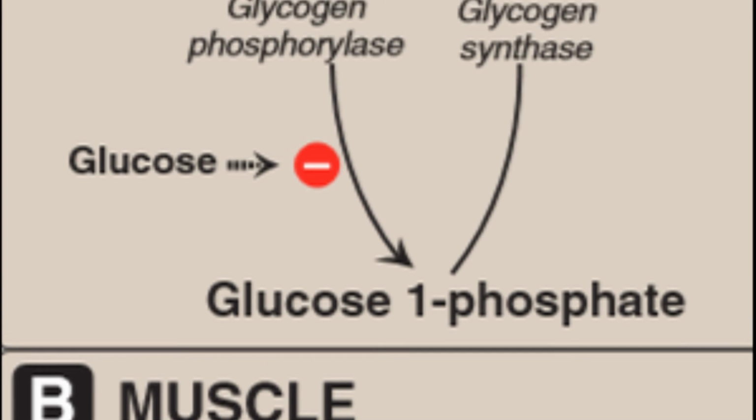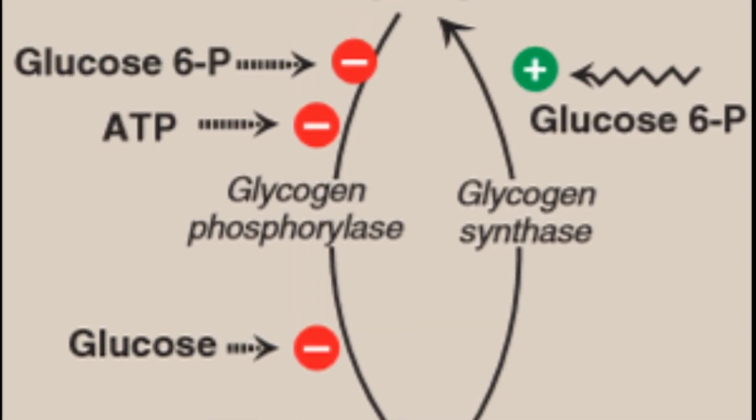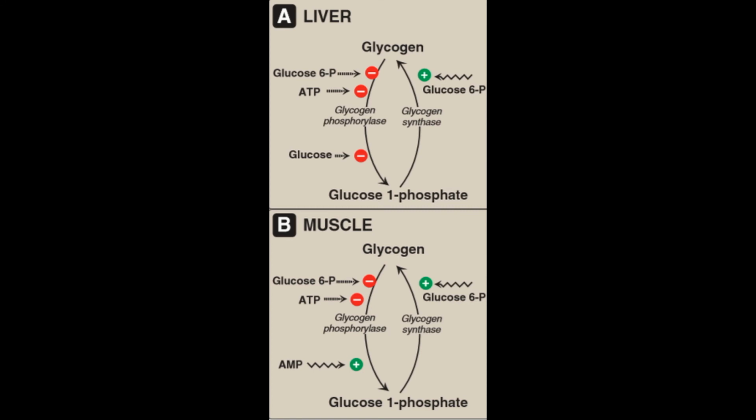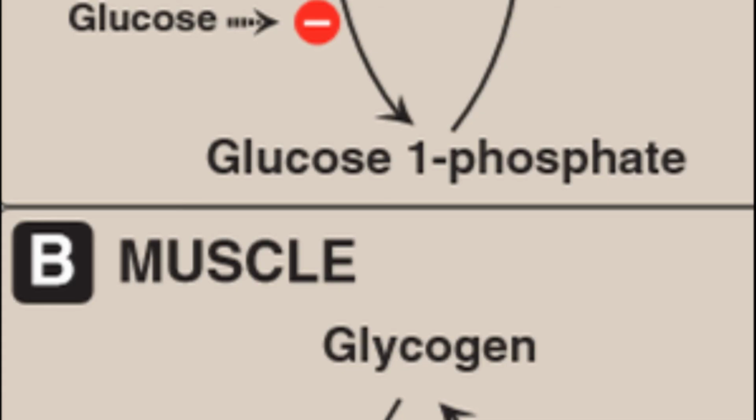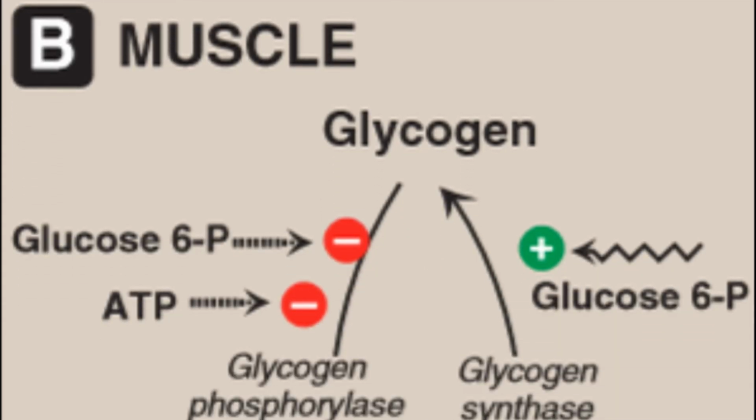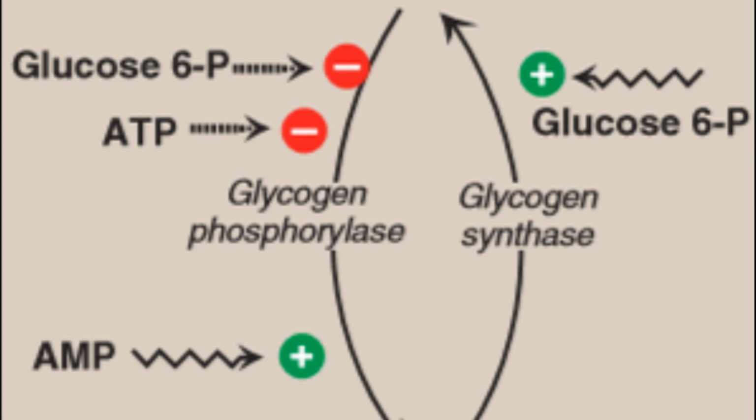So synthesis of glycogen is activated by glucose 6-phosphate and degradation is inhibited by glucose 6-phosphate. Now also, phosphorylase kinase, the B form, can be activated by calcium calmodulin complex. Okay, and now going to muscle, glycogen phosphorylase, it is active in the presence of high AMP concentrations. The AMP, it binds to the glycogen phosphorylase B form, causing its activation.